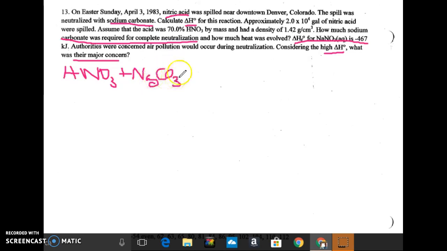Okay, and this looks like a regular double replacement reaction, but if you would do that, you have Na, which is always aqueous, and you have hydrogen as a cation, which is almost always aqueous. So this is an actual decomposition. So the sodium nitrate that they give you is going to be aqueous, but the driving force for this is the decomposition of carbonic acid.